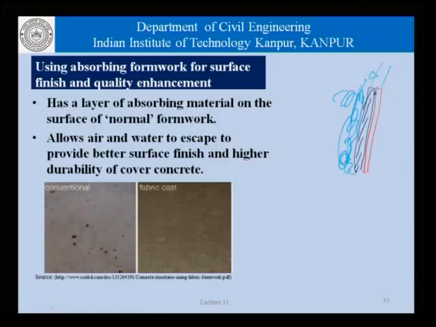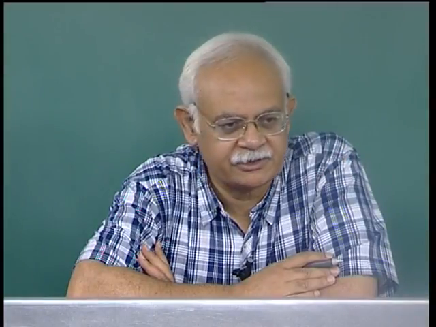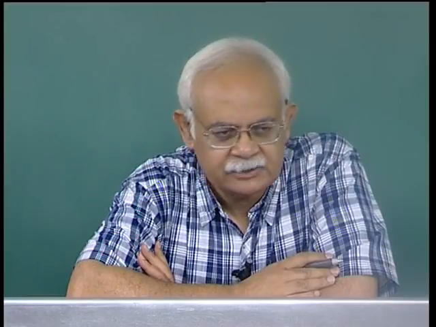So, what is happening is that if we are able to get the water in this part of concrete, which is the cover concrete, because we have reinforcing bar somewhere here, if we are able to get the water of this layer out from the system, it will enhance the quality of the cover concrete. It will reduce the water cement ratio in that region, and that is precisely what absorbing formwork does.